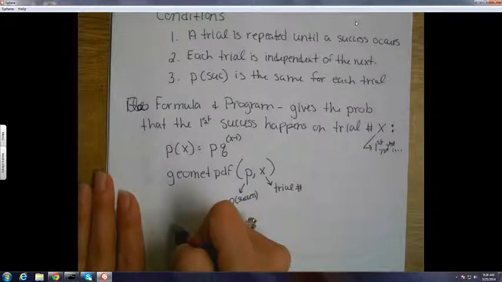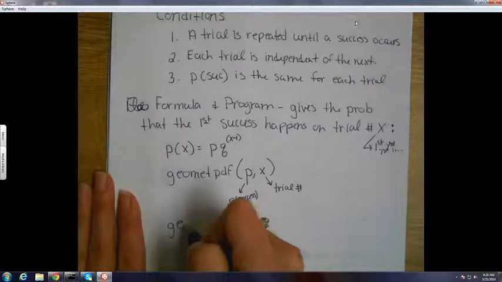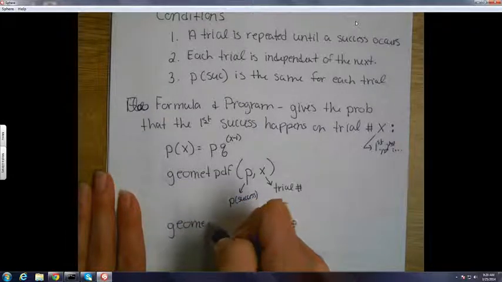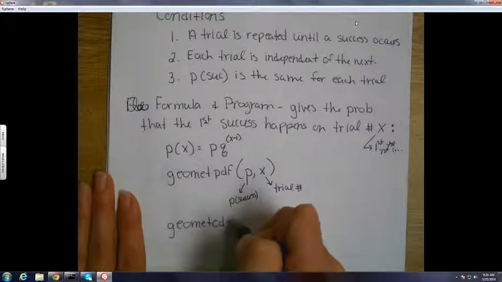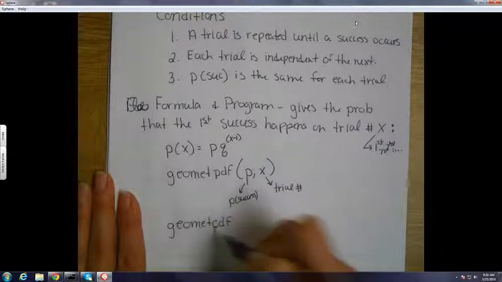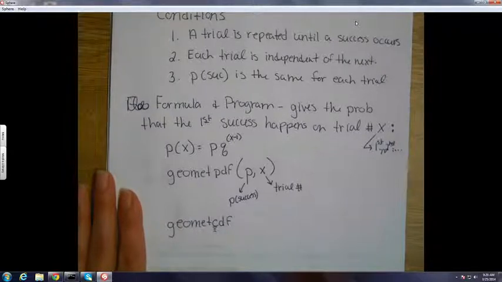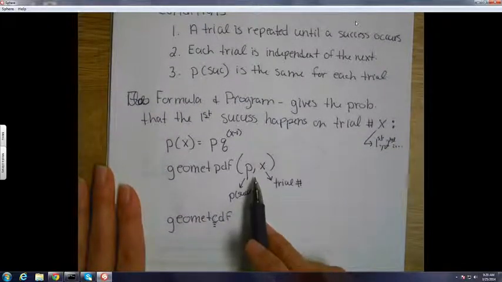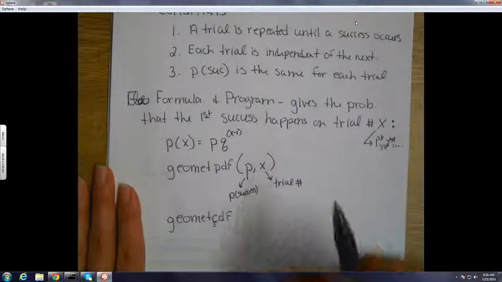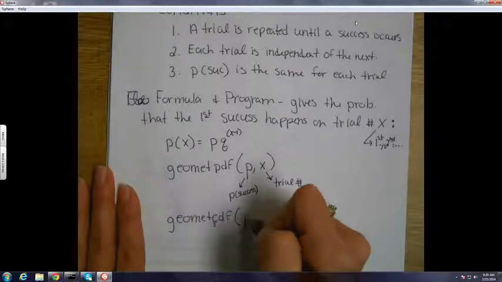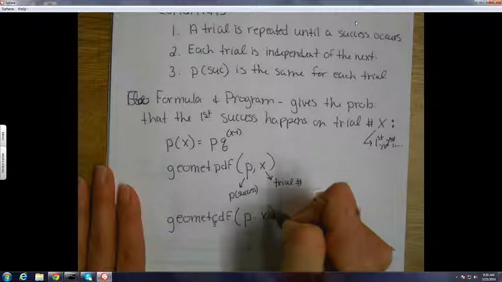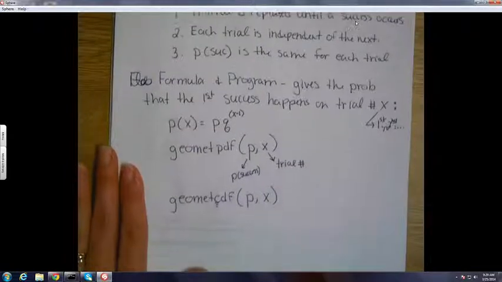And then the GeoMet CDF, again, that C stands for cumulative. It automatically adds probabilities together. So you don't have to do a bunch of PDFs and add them yourself. Just a little time saver. You still feed it P and X. Where do you think it starts adding from?